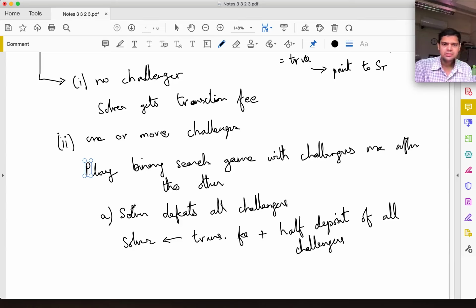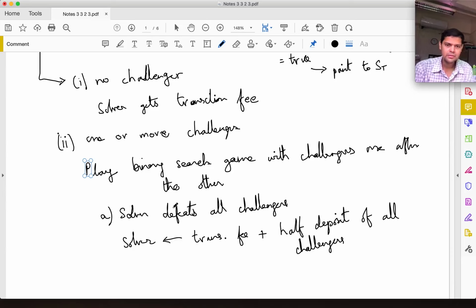Clearly this is going to take a lot of time. Suppose there are 100 challengers, we have to play this binary search game. Of course, it could be done simultaneously, so you can have the solver and challenger 1 playing this game at the same time as solver and challenger 2.